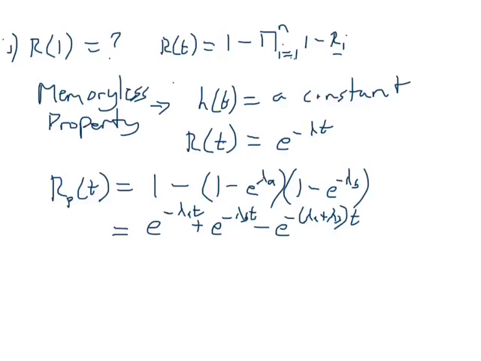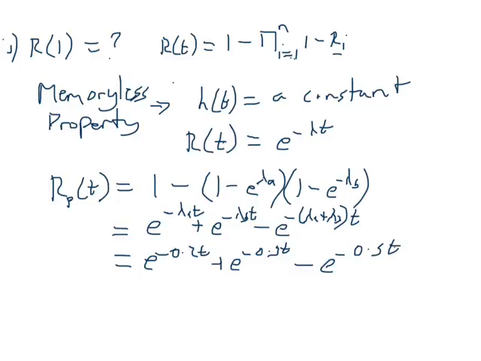So this actually turns out to be equal to e to the minus 0.2t plus e to the minus 0.3t minus e to the minus 0.5t.